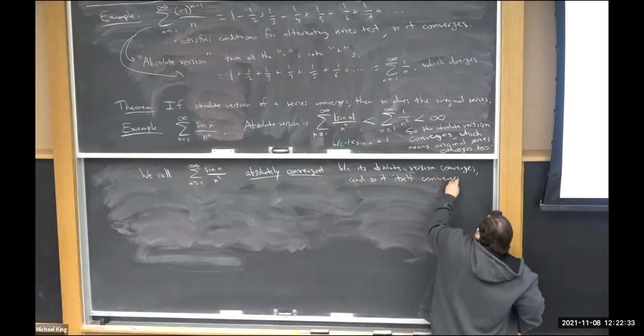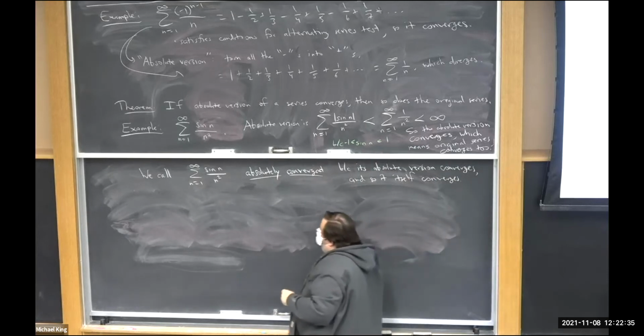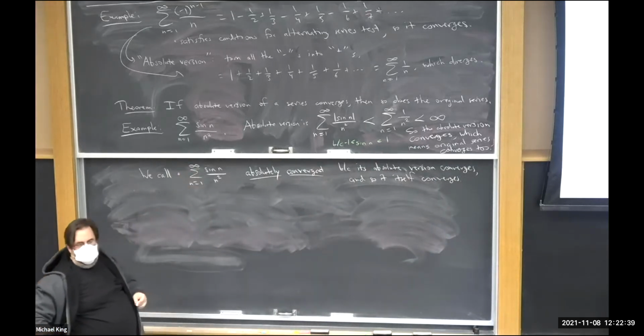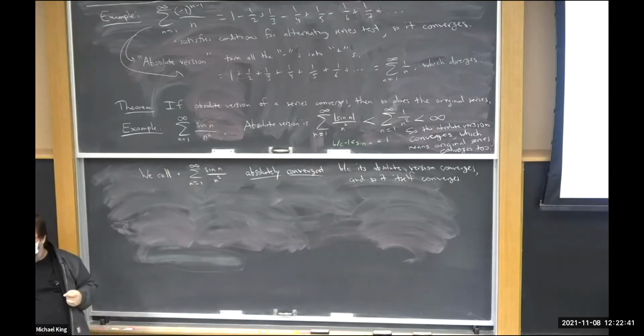Okay. But something like that alternating harmonic series, we call that conditionally convergent, because it converges, but we didn't figure that out by looking at the absolute version, because the absolute version diverged.